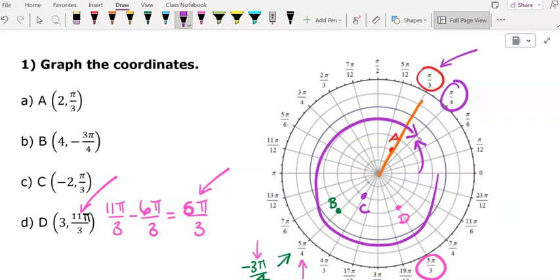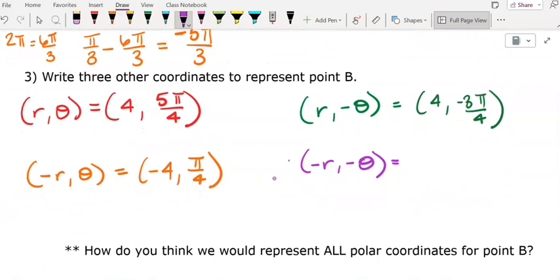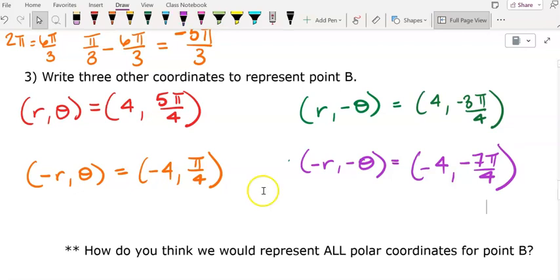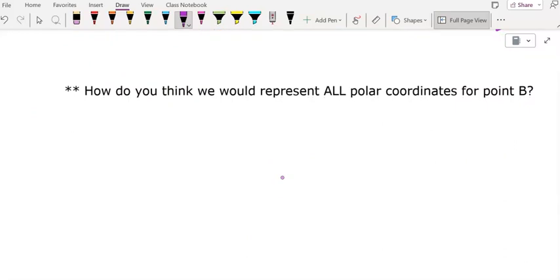And that's the same distance as 7 pi over 4, it's just negative, okay? So now I'm going to have -4 and -7 pi over 4. And that's how I'm going to list all 4 of the possible coordinates that I could have between -2 pi and 2 pi.